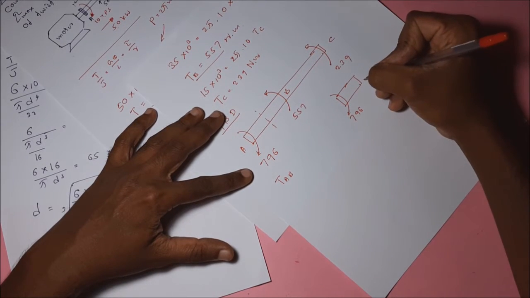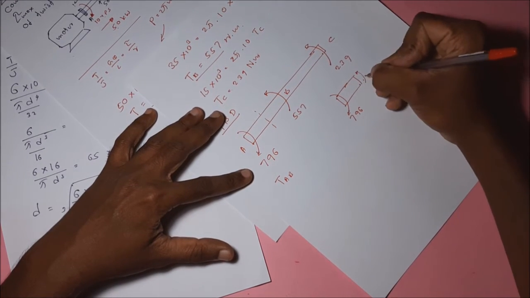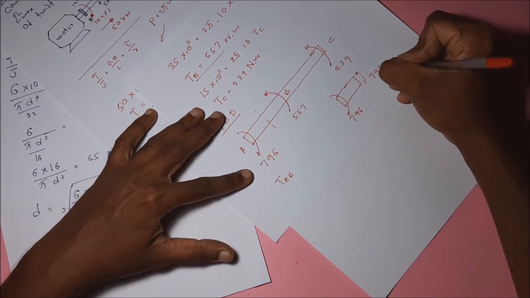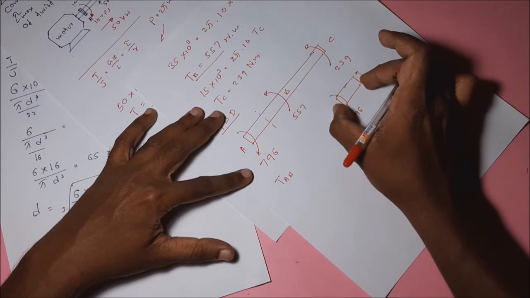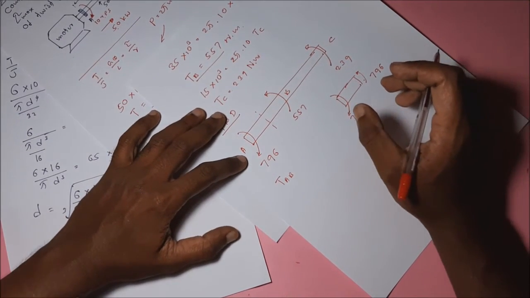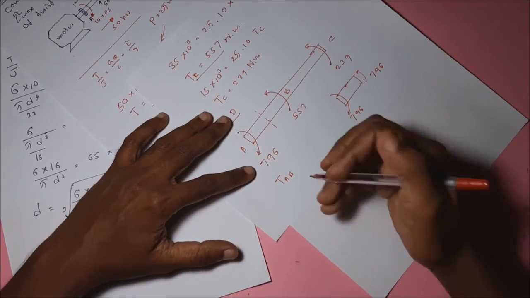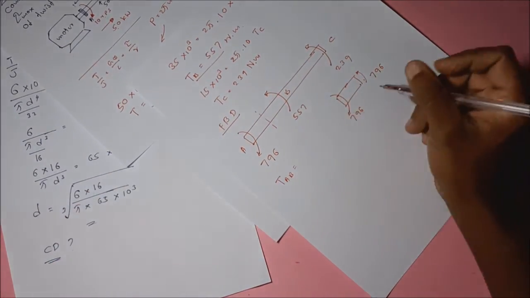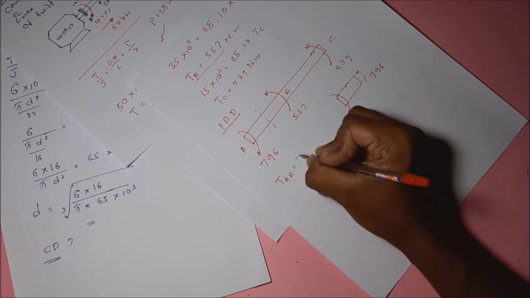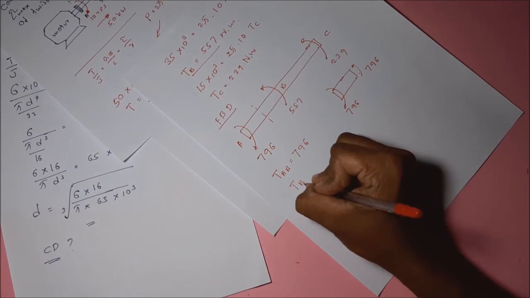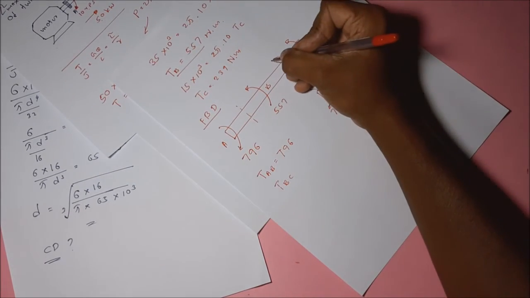What should be the torque on this cross section to balance this one? 796, because this part should be balanced. The torque applied on this shaft should be balanced because it is not accelerating. Then 796.